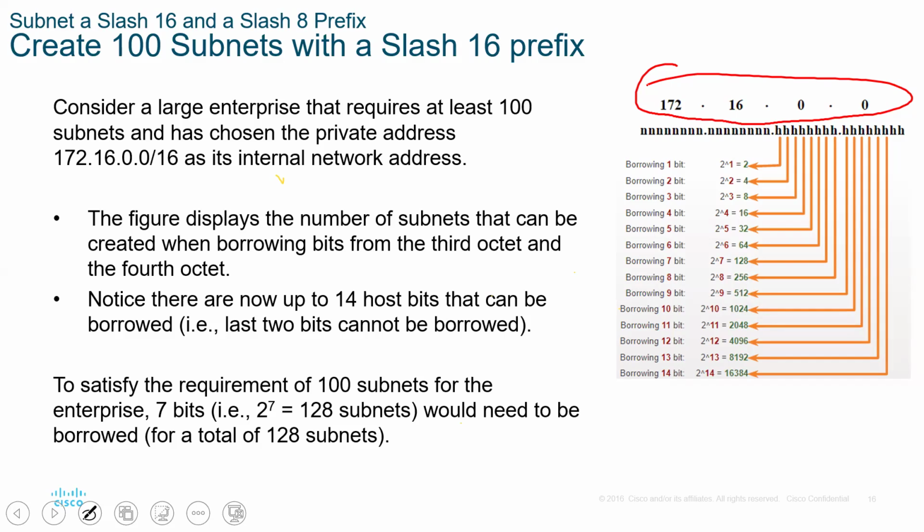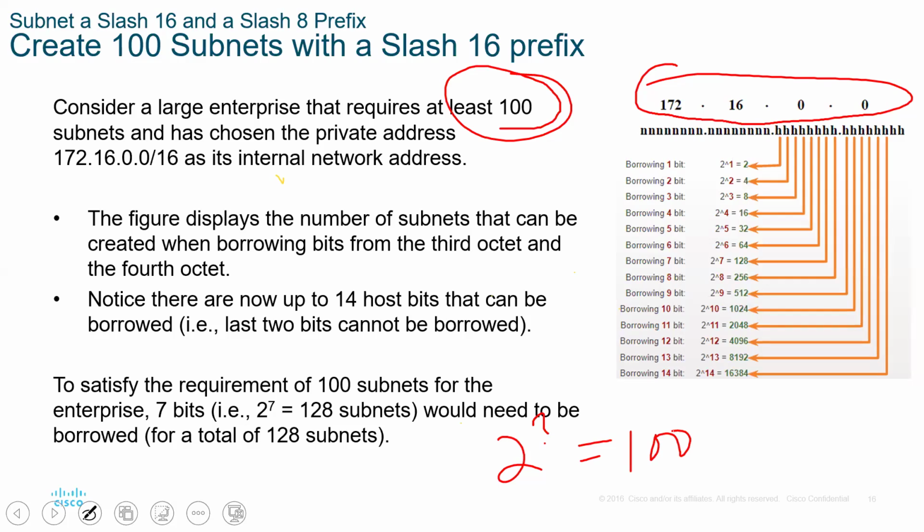So you see there are 2 things, the number of hosts and the number of subnets. The number of subnets tells us the number of bits that we are borrowing. The number of hosts tells us the number of zeros that are remaining. So if we are to get at least 100 subnets, you ask the question: 2 raised to the power of what will give you at least 100?